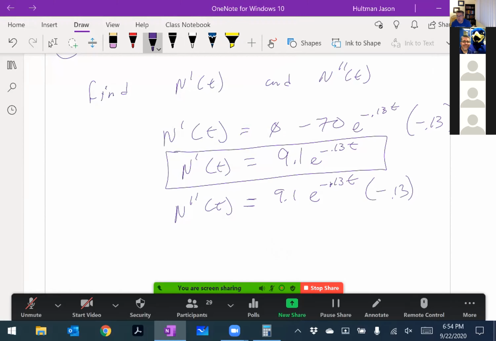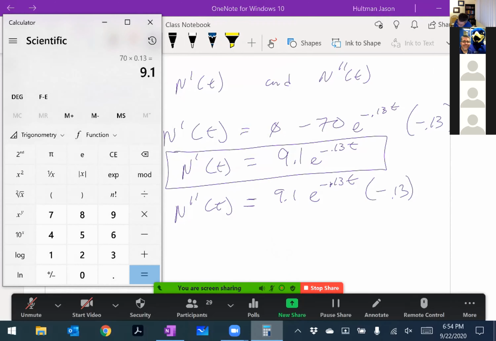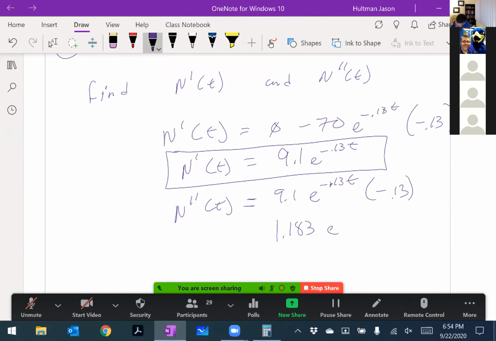Once again, that is negative 0.13. So what's 9.1 times 0.13? That's 1.183e to the negative 0.13t.